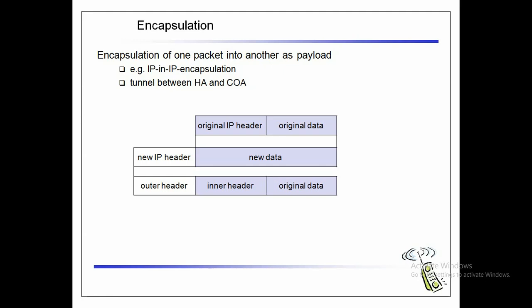And finally, the header of the second protocol is put in front of it. The figure shows the fields of the packet inside the tunnel, that is the original IP headers and the original data.